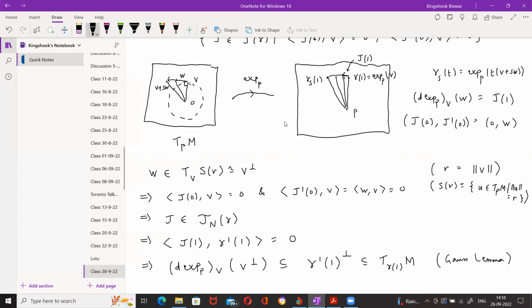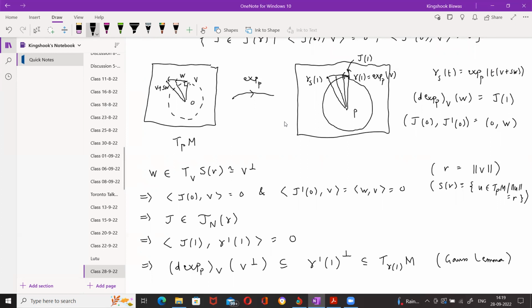We can use the Gauss lemma to prove this. I won't do this, but we did this last semester, if you remember. Yes. Okay. And what is this gamma prime 1 perp actually? This is nothing but the tangent space to the geodesic sphere.